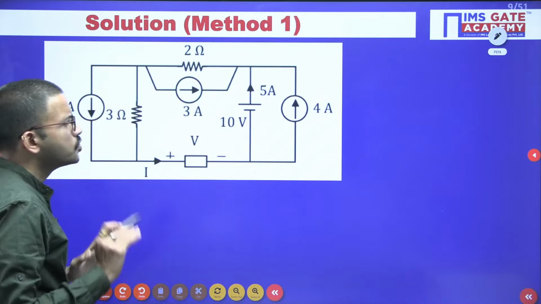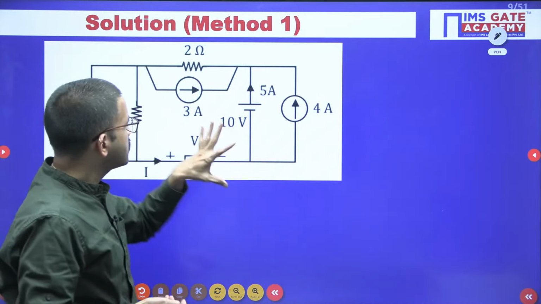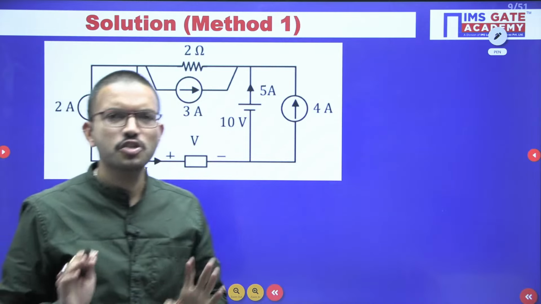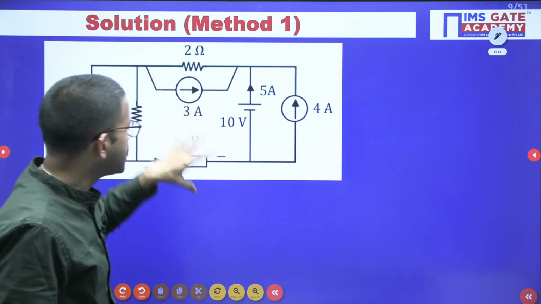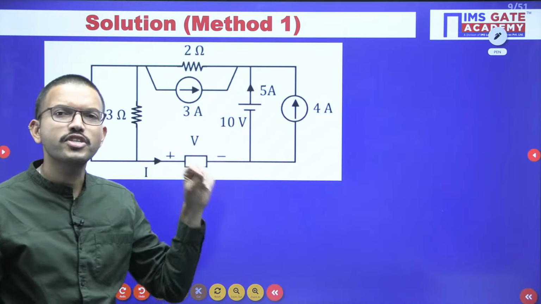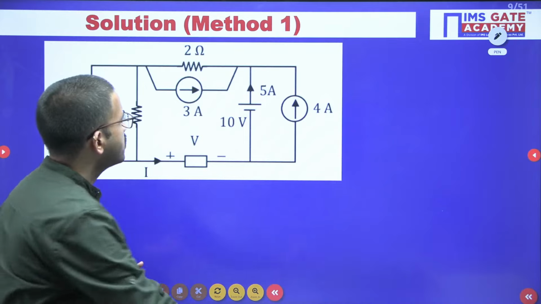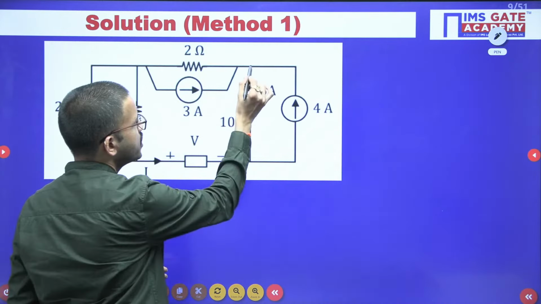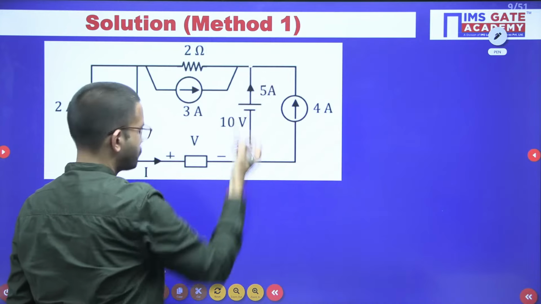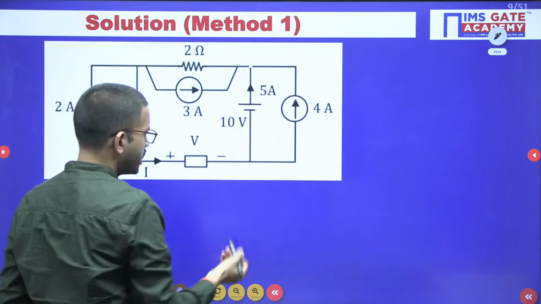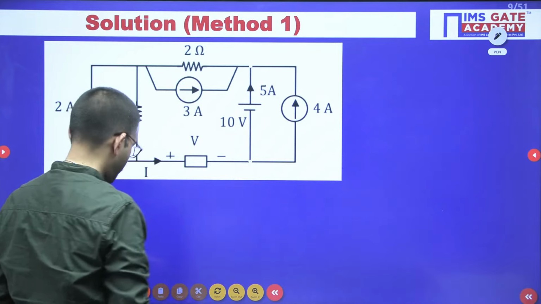So if you carefully observe, whether we have to apply KCL, KVL, nodal or mesh, you will get the clue. Just by observing the circuit carefully, you will get the clue from which point you can start. For example, in this circuit, you can consider this particular point, or otherwise you can consider this particular point.